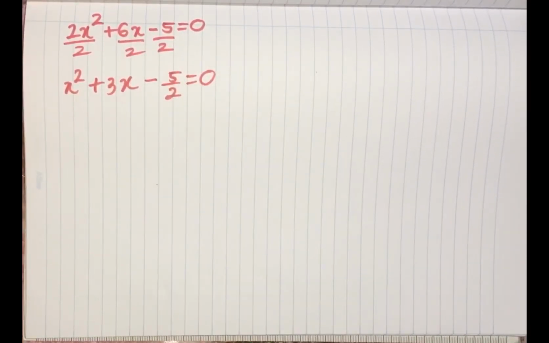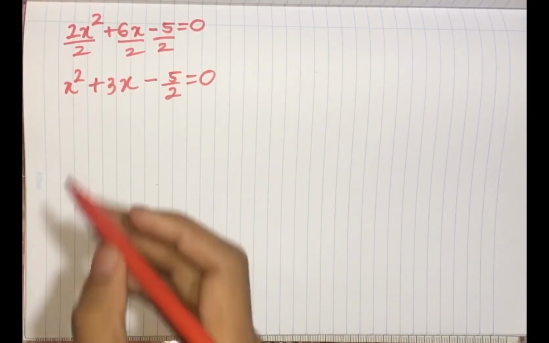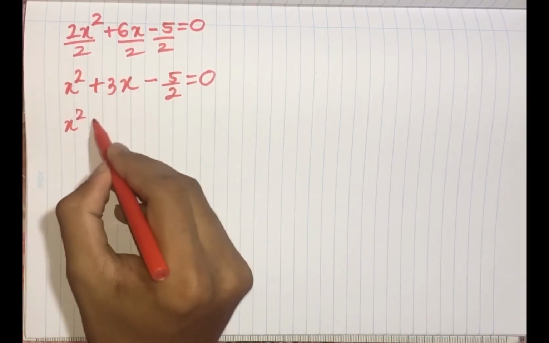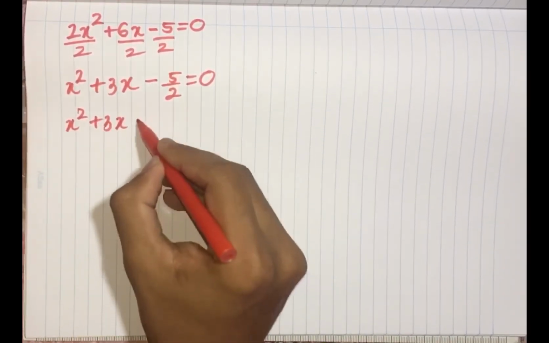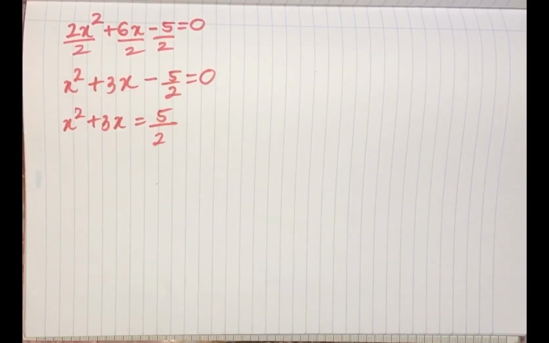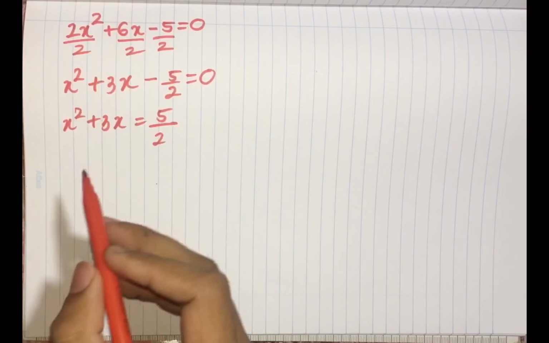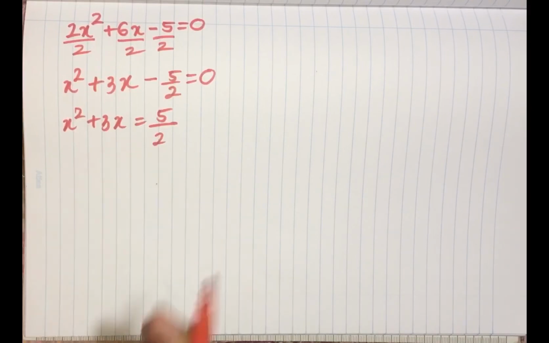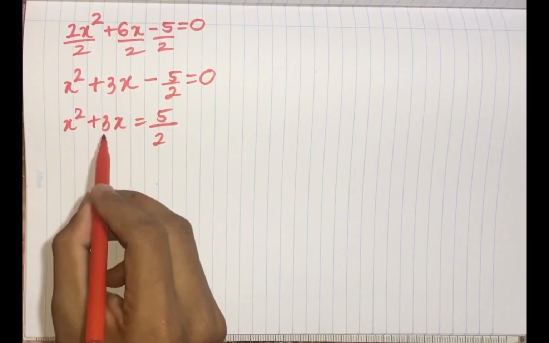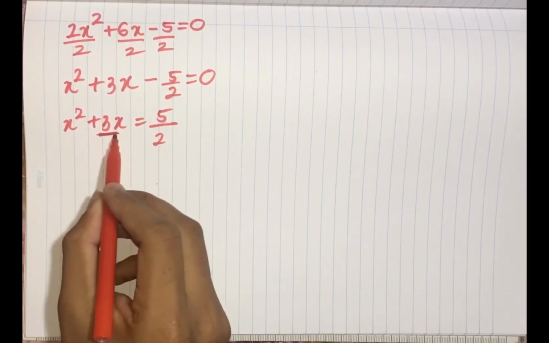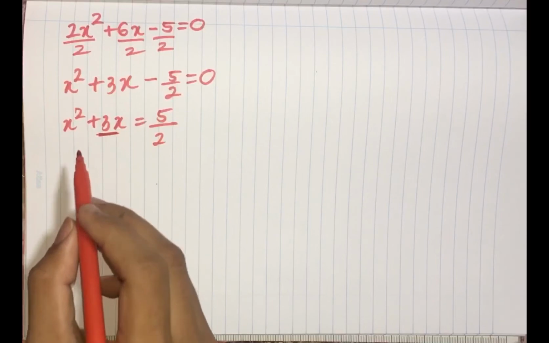Now what was the very first method we did? We kept the x squared term and then moved the constant to the other side, so you have 5 over 2. What was the next step? You have to add the square of something. What is the term? You have to take the coefficient of x. What is the coefficient of x? It is 3.